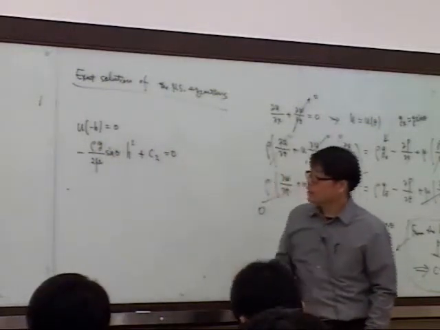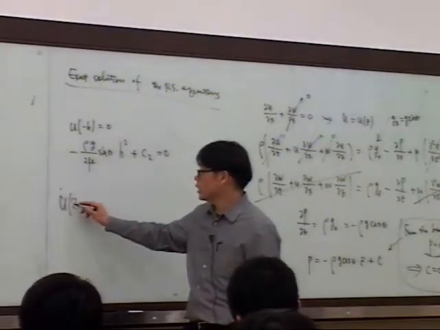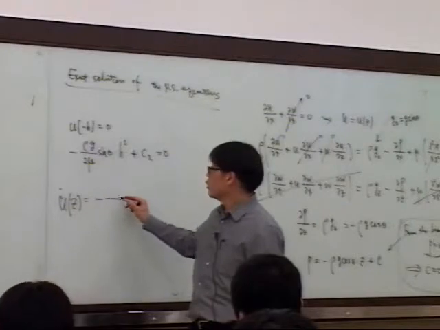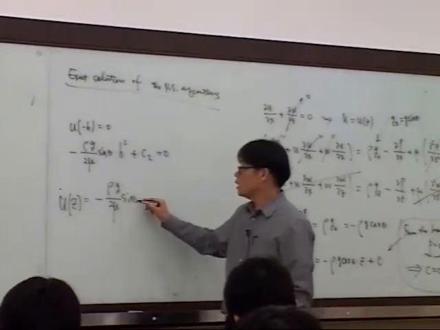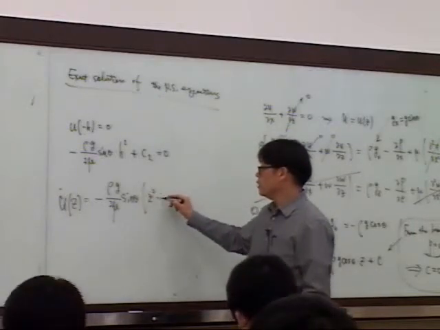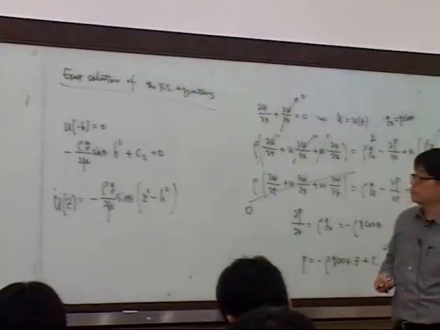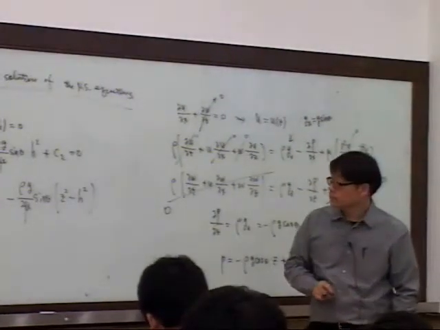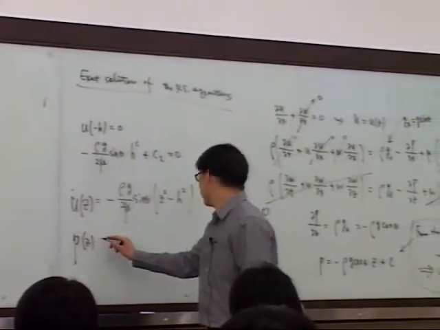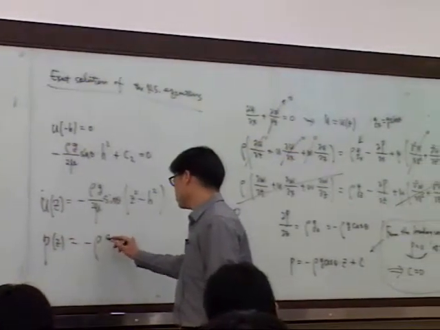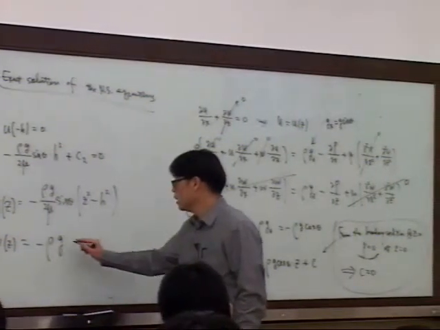Am I right? And therefore U of Z is given by rho g over 2 mu sine theta (Z squared minus H squared). And P of Z is given by minus rho g Z cosine theta.